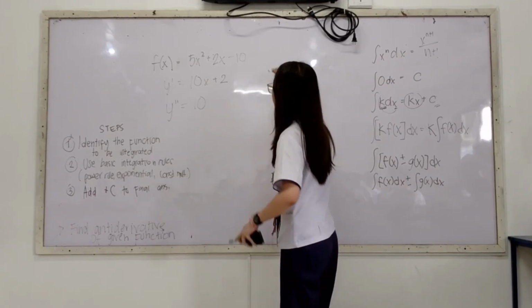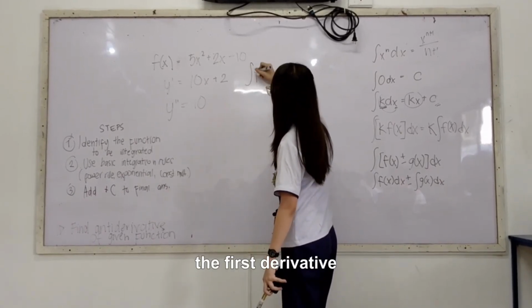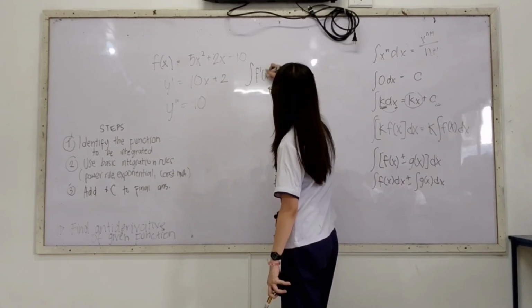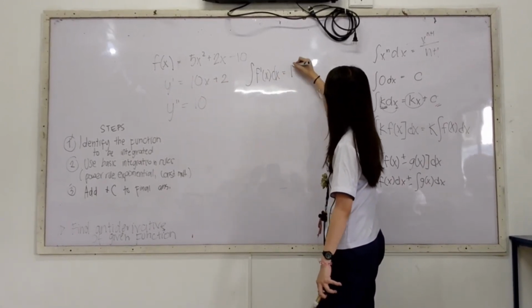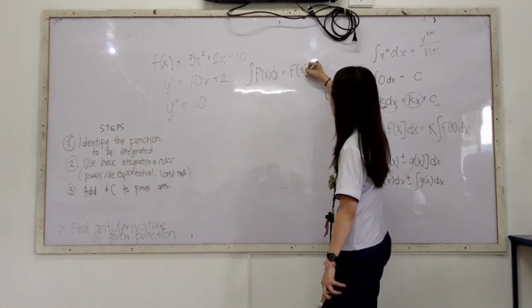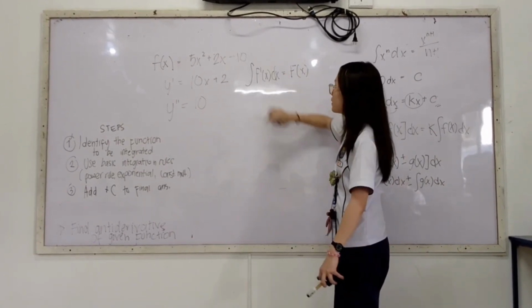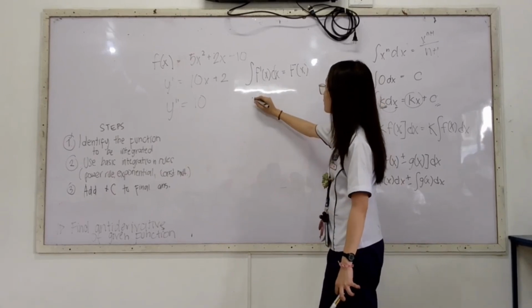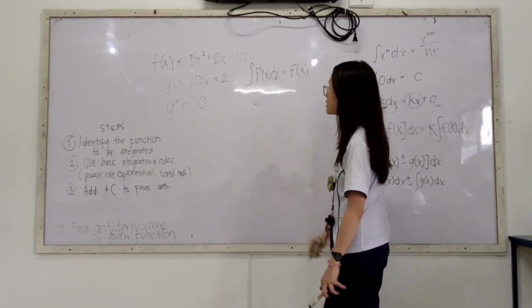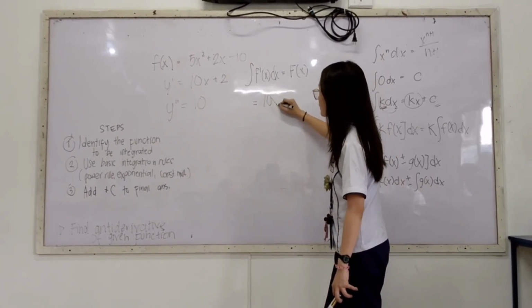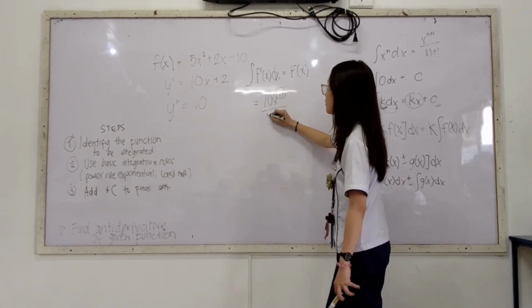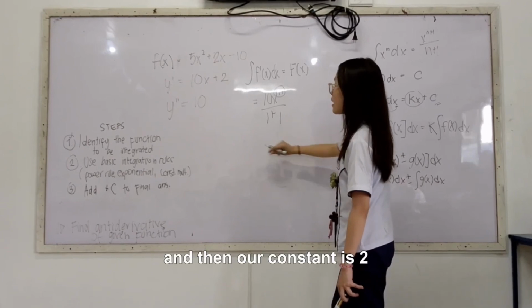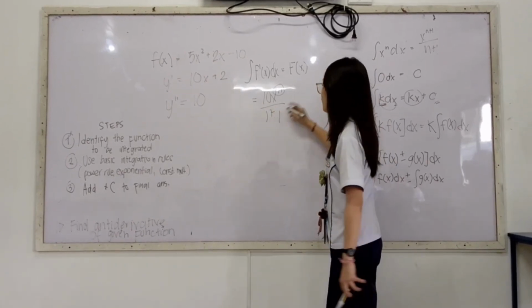Here, let's write the first derivative, and that would be equal to the antiderivative of the original function, which is this one. We are going to copy our first derivative, 10x, 1 plus 1. Copy this one again, 1 plus 1. And then our constant is 2.